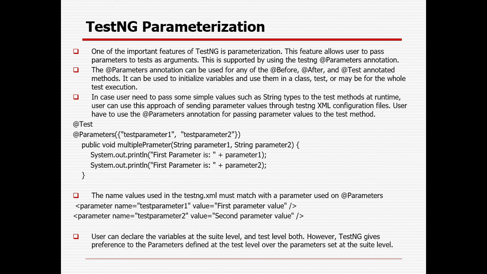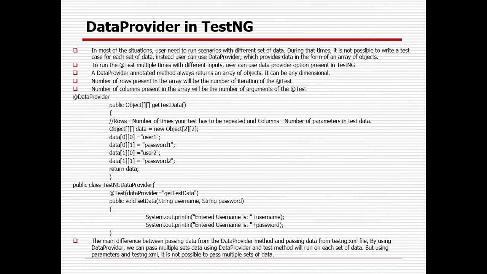If you want to avoid that, you can use data providers, where you do not need the testng XML file. Instead, in the class itself you can use a data provider, and you can change the number of iterations or the number of argument parameters you want to pass at any point of time.